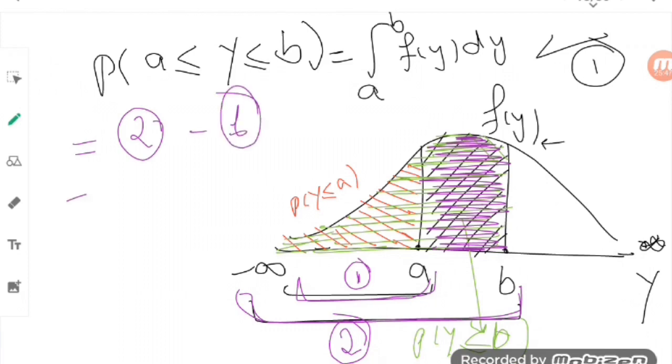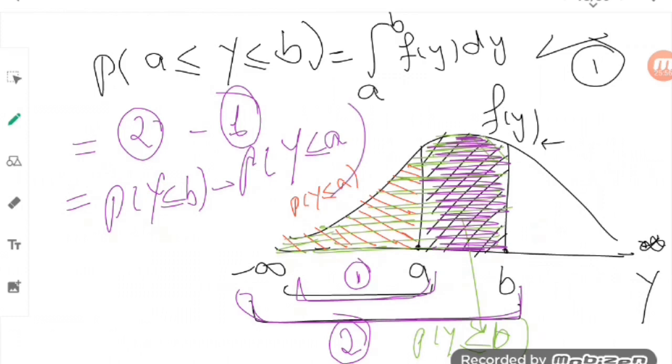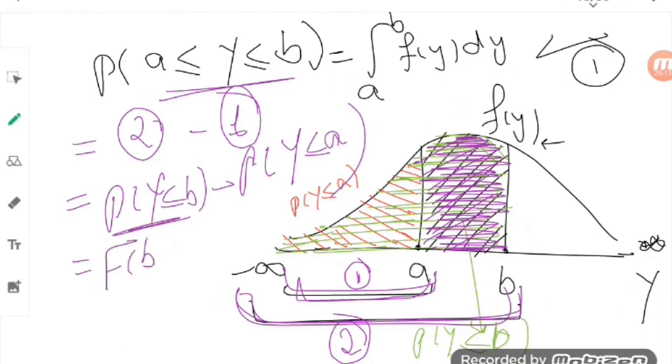So this will be area 2 minus area 1. Area 2 is the probability that y is less than or equal to b, minus area 1, which is the probability that y is less than or equal to a. So if we subtract this area from this area, it will give us the probability that y lies between a and b. This probability is in fact the CDF at y equal b minus the CDF at y equal a.